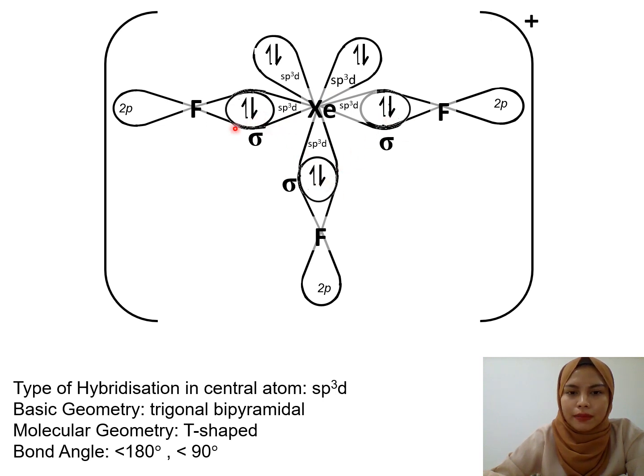Okay, lepas tu sigma bond tu between Xe dan juga F. Okay, F pula apa yang terlibat kat sini ialah 2p atomic orbital, because the valence, the single electron di F ni berada pada 2p. Okay, so this is how you do it, and don't forget the bracket since that it is XeF3+, is an ion, dia bukanlah molecular neutral.